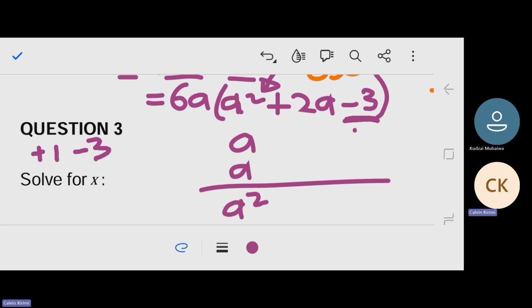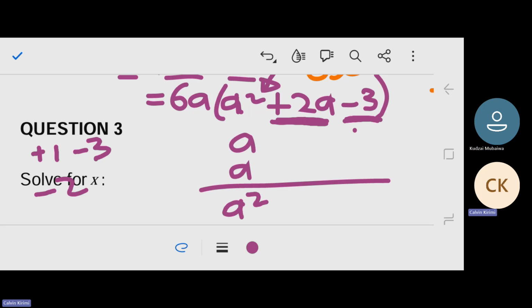But if I add them, plus 1 minus 3, do I get a positive? No, you get -2. So you must change your combination such that when you multiply, you get -3, and when you add, you get this middle term. That is the rule when choosing the combination of the last two numbers.